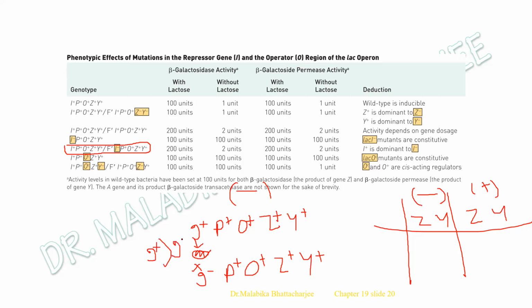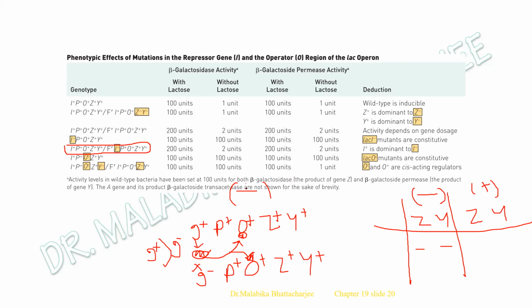So this normal repressor will go and bind to this operator and also to this operator. So in absence of lactose, the operon is behaving as normal. The operon is switched off. So we will not get any Z or Y product.